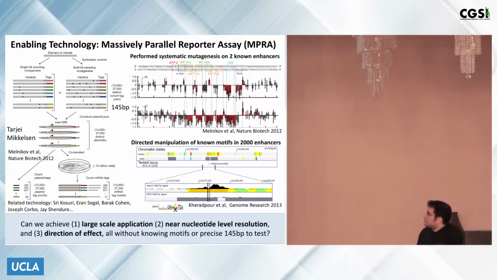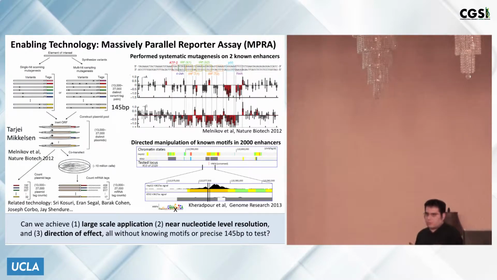If the sequence you've synthesized is able to turn on gene expression, then you would get that barcode sequence. So you can have a count of the number of copies of each barcode in the original DNA, and then, after a transfection experiment, count how many of those barcodes you have at the mRNA level.